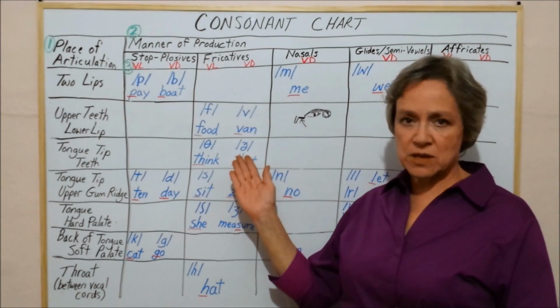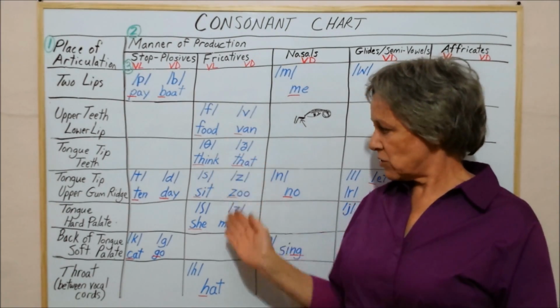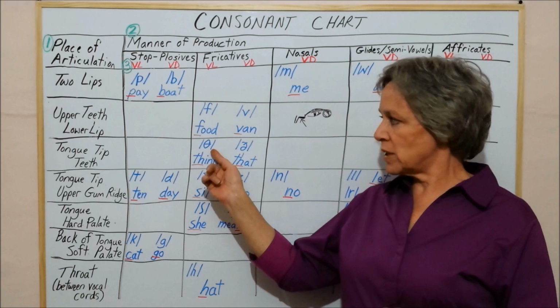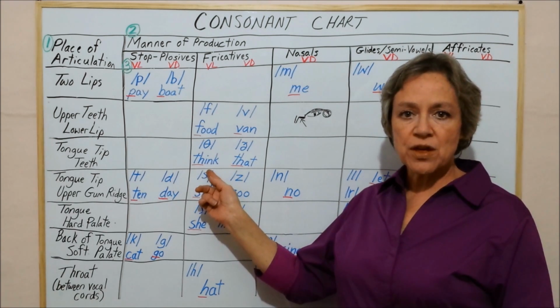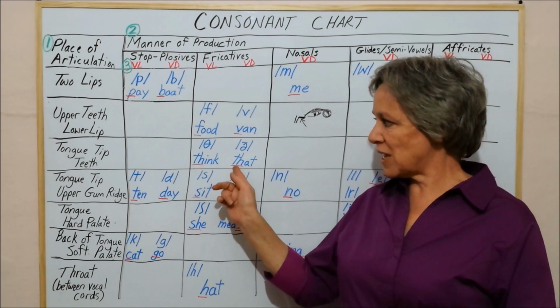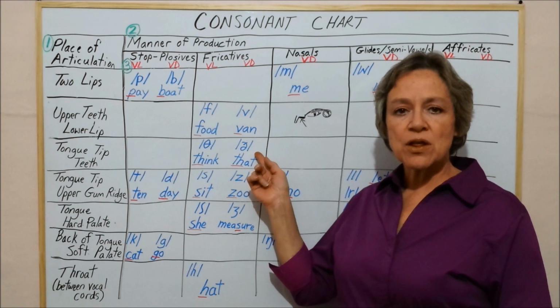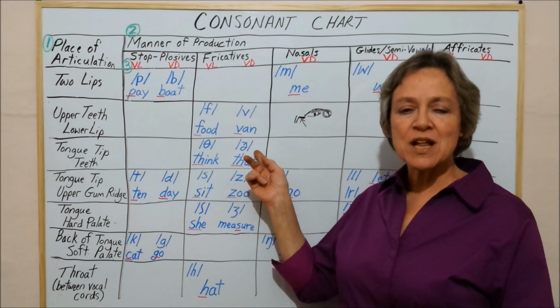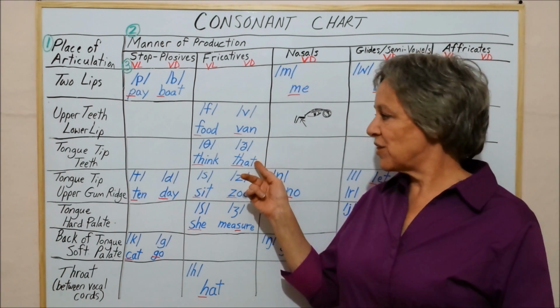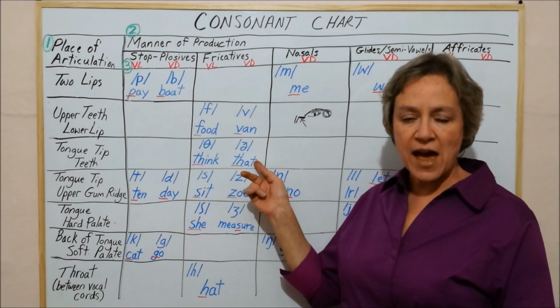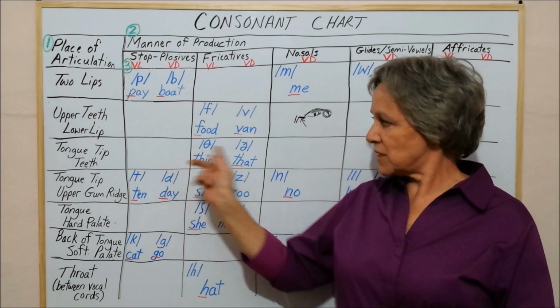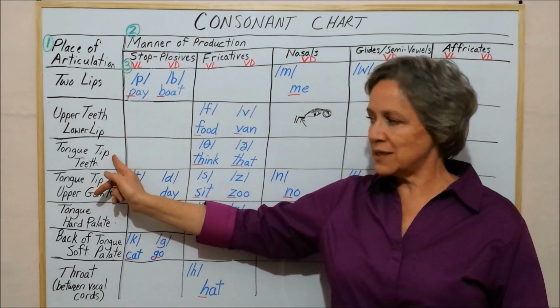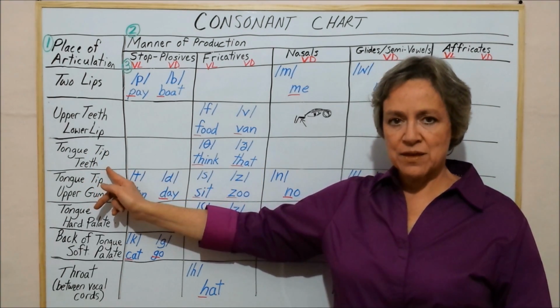Okay, continue down this column of fricatives. Again, these are all noisy sounds. So this one is the voiceless TH sound. This one is hard to make without a vowel or following sounds, but it's that, that. These sounds are made with the tongue tip and the teeth.